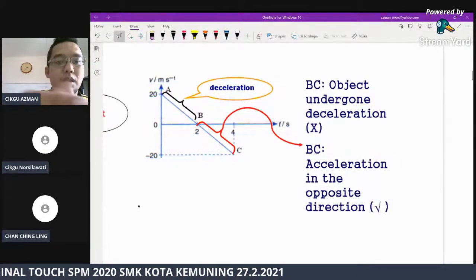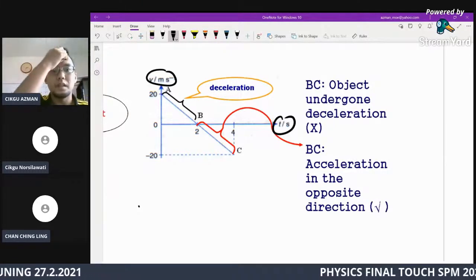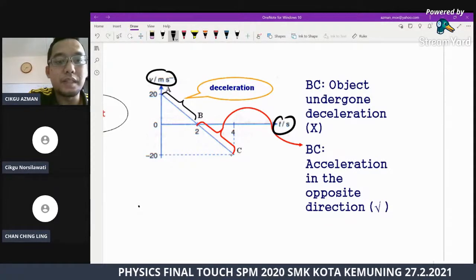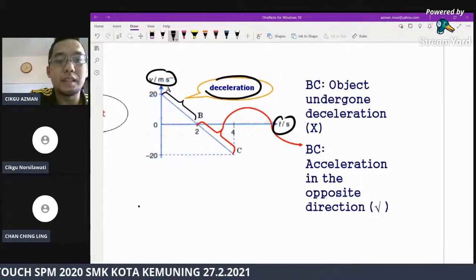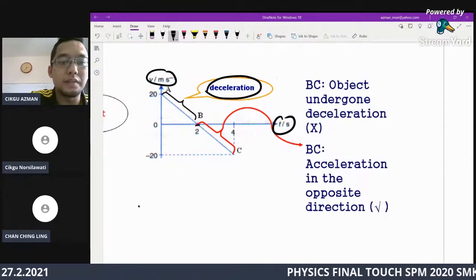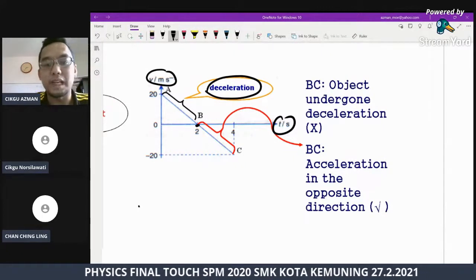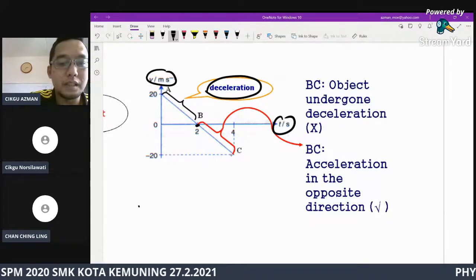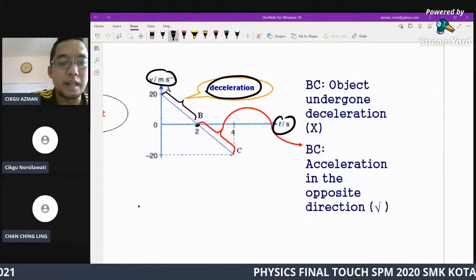Okay, tengok graph seterusnya. Velocity over time. As you can see from the graph, the velocity decreases, meaning the object decelerate, until v is equal to 0. Now, what happens when v becomes negative? When v becomes negative, meaning the object moves in different direction.